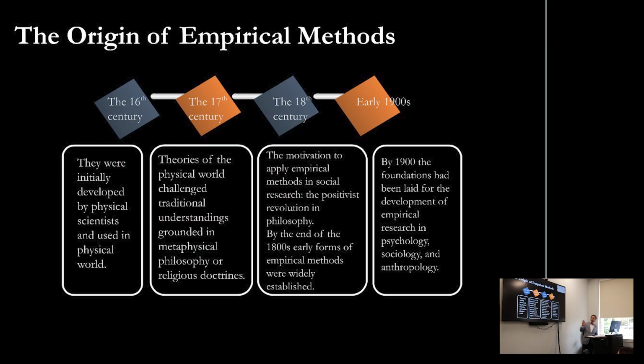But those methods in the 16th century were developed to study physical, natural phenomena, all the way up through the early 1900s when those same methods were being developed to study empirically in psychology, sociology, anthropology, and eventually in communication and media studies. So the cumulative nature of science can be found in simply the origin of the specific methods that we use today that used to be used, right, a long, long time ago to discover natural laws, physical laws.